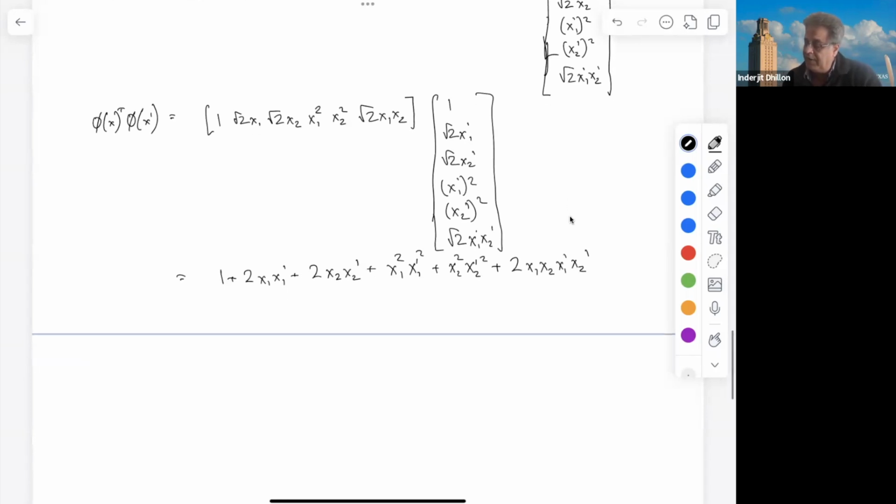And you can see that you can write this as 1 plus x1 x1 prime plus x2 x2 prime, all squared.